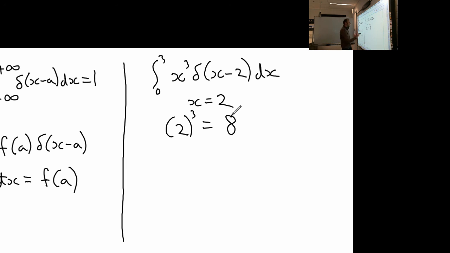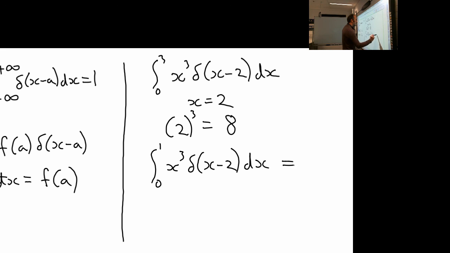Now let's suppose that instead of between 0 and 3 we had the integral between 0 and 1 of x cubed times delta x minus 2 dx. Okay, so what is the answer to this going to be? Well, this is going to be equal to 0.